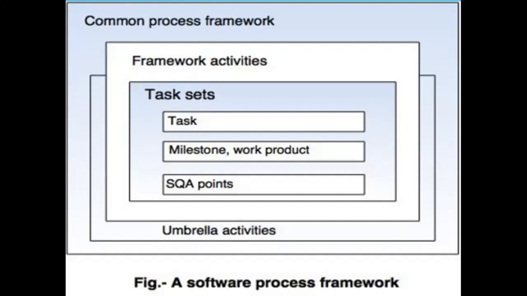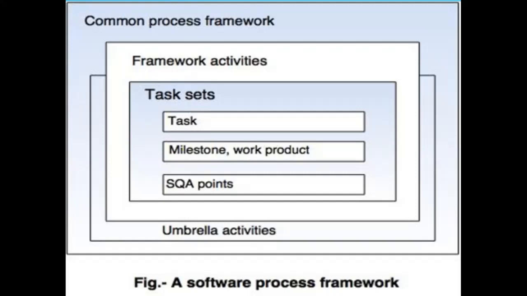Friends, this is a simple diagram of a software process framework. In that, common process framework activities are carried out, and different task sets are used: tasks, milestones, work products, SQA points. SQA means software quality assurance points.